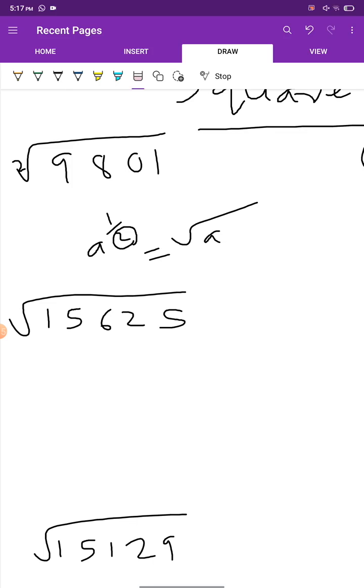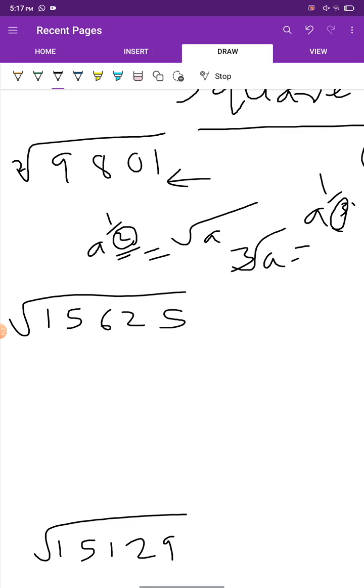Similarly, if I say cube root, we have to ignore the last 3 digits from this end. Cube root is the power 1/3, that means from the end I need to ignore the last 3 digits.